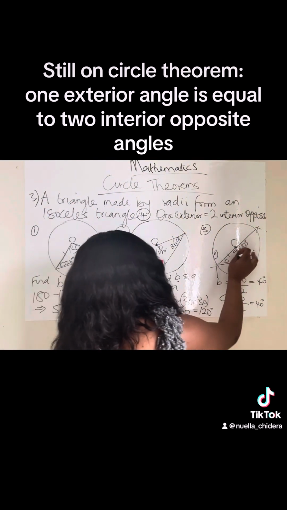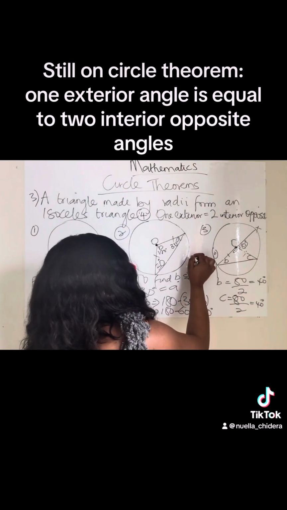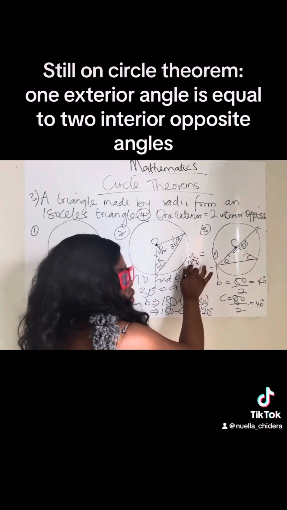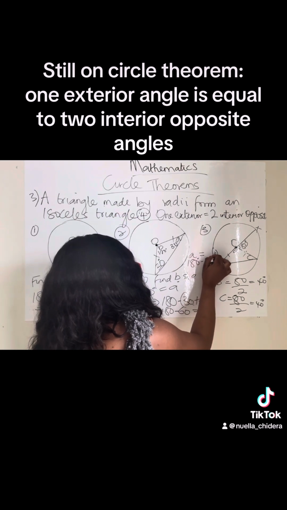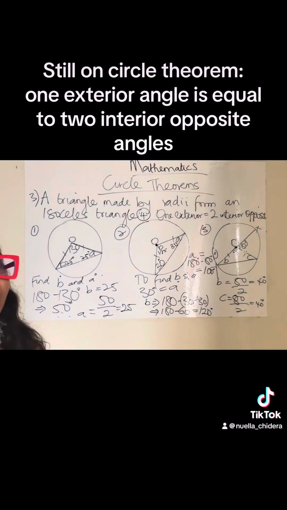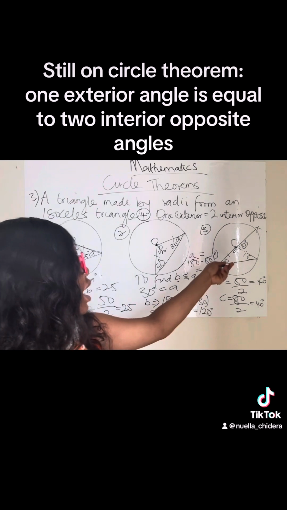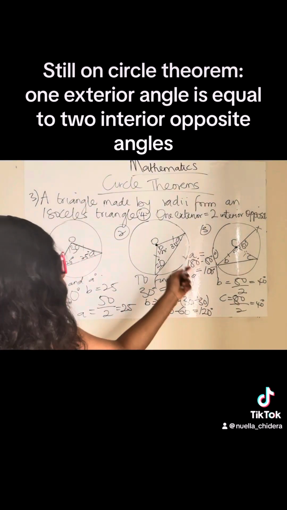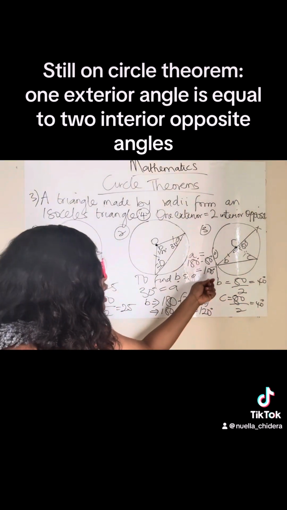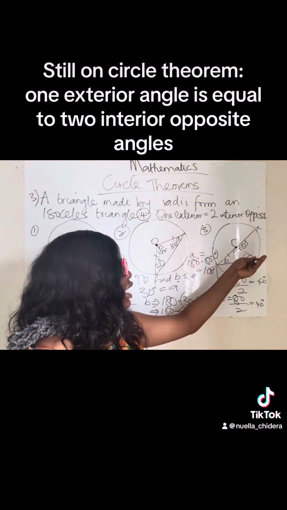So A will be equal to 180 degrees, which is angle on a straight line, minus 80 degrees, which will give us 100 degrees. And if we have found 100 degrees here, to find B and C will now be 180 minus 100, which will give us 80. Then 80 divided by 2 will give us 40. Here will now be 40, here will now be 40.